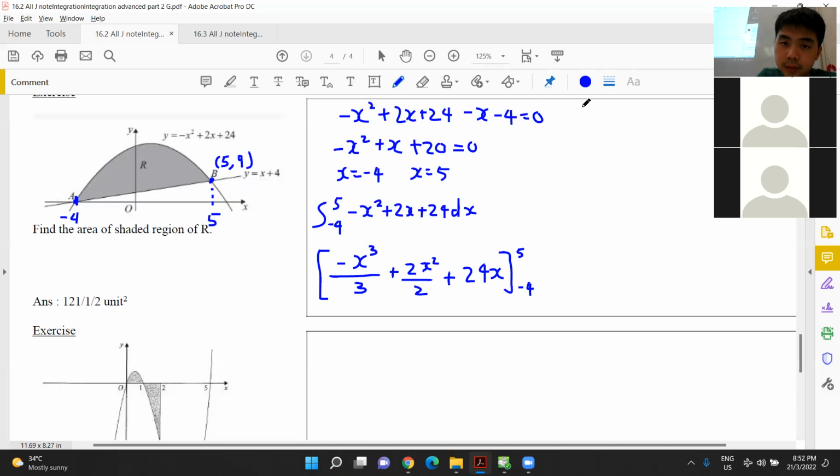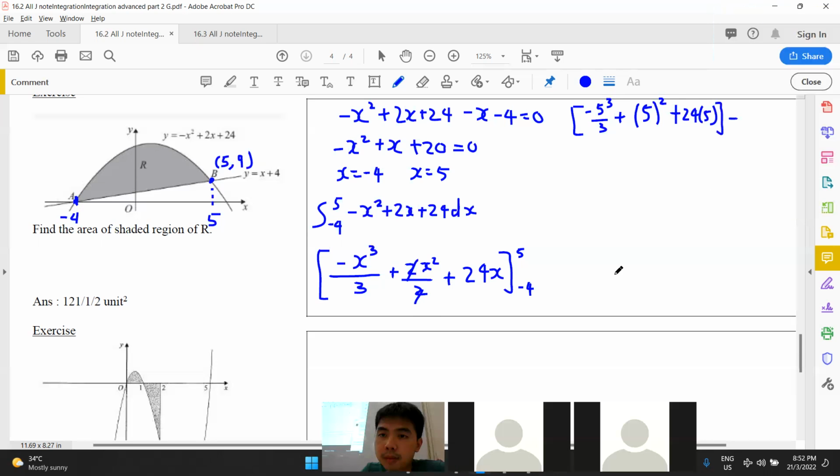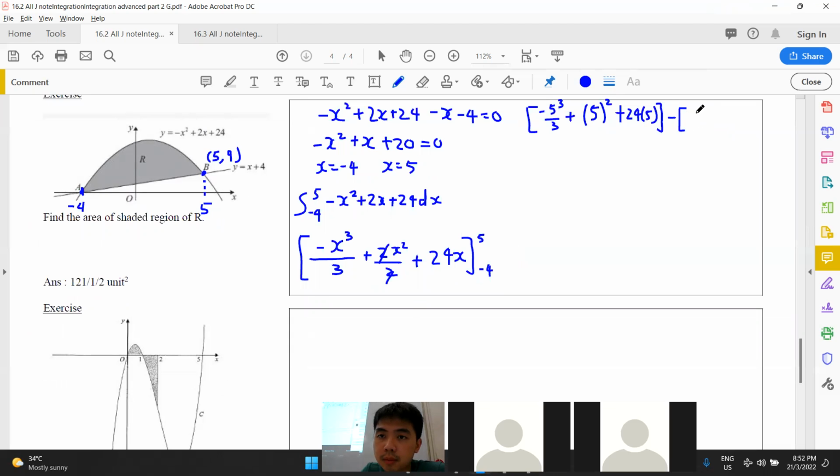Then that one just simplifies to nothing really, right? When you square a number, guys, please remember that it will turn out to be positive.